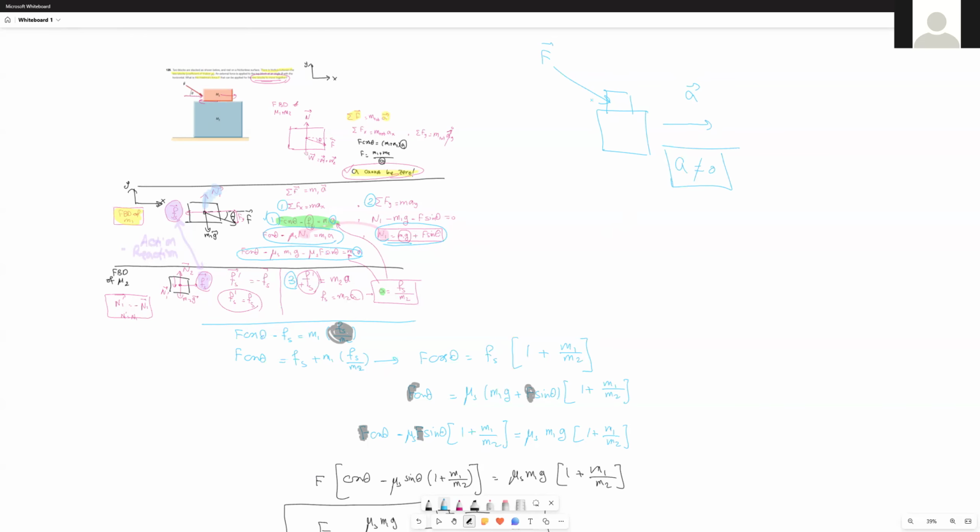Why? Because if you look at the whole system, there is no net force on the y-axis, but there is a net force F cos theta on the x-axis. And if there is a net force on any axis, there is an acceleration on that axis. So acceleration cannot be zero. Okay, this is it.